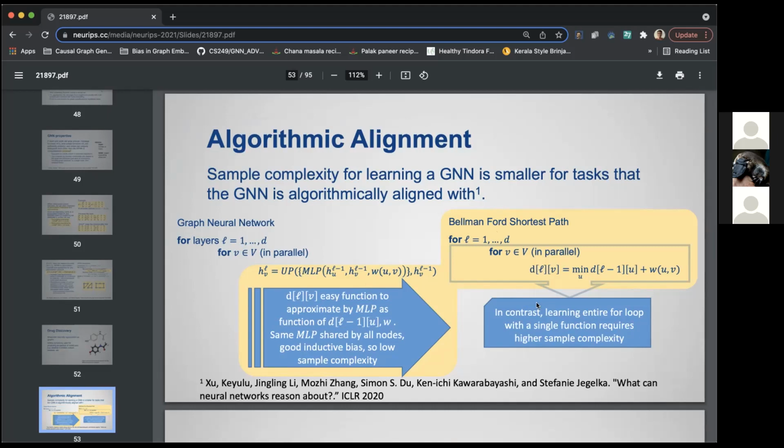Okay, and then when we talk about sample complexity, do you treat each graph as a sample here? Yes, I believe so. I guess, let's see. That's a very good question. I suppose it depends on how you define the task.